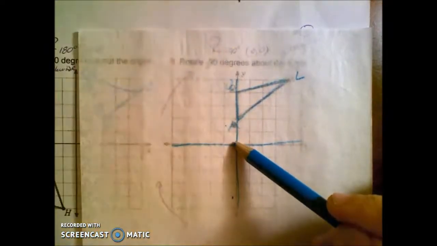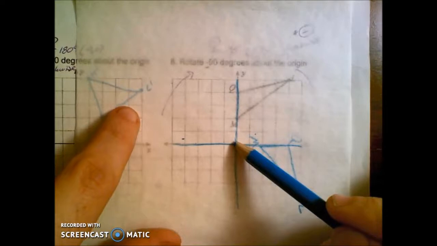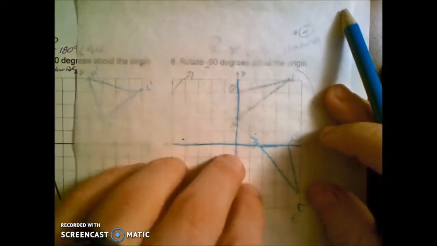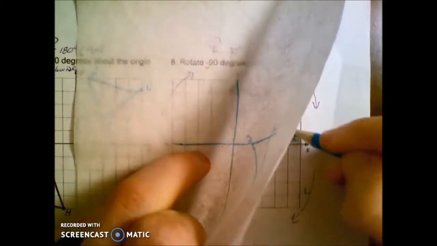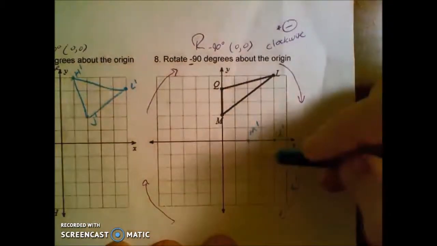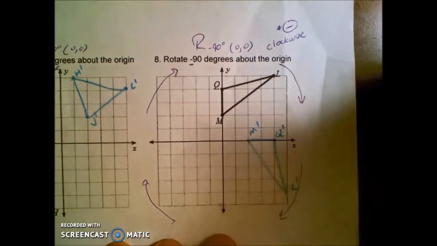And this time we're going to be moving in the clockwise direction, 90 degrees. There it is, 1/4 turn. And so I can draw my image, L, Q, and M. Of course, they're all prime since this is the image. And connecting them gives me this new triangle there.